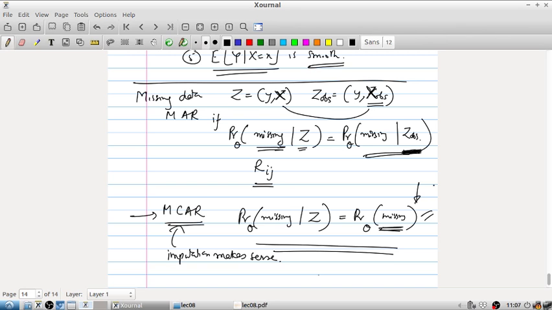So in the first case, names are missing because of the male-female entry, which is not missing at all. If the model is like that, then that's missing at random. Yes, that was a good example.